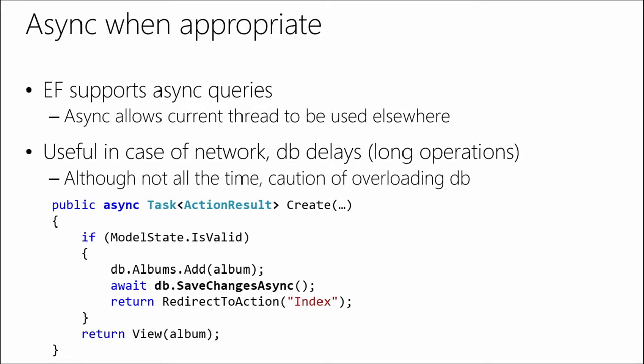Why use async? Let's talk about the web environment. When you're in a web environment and you're using IIS, there's a limited number of threads available to process your ASP.NET code. When you use up all those threads, incoming connections get blocked. And they're not unlimited. You can't spin up a billion of them.